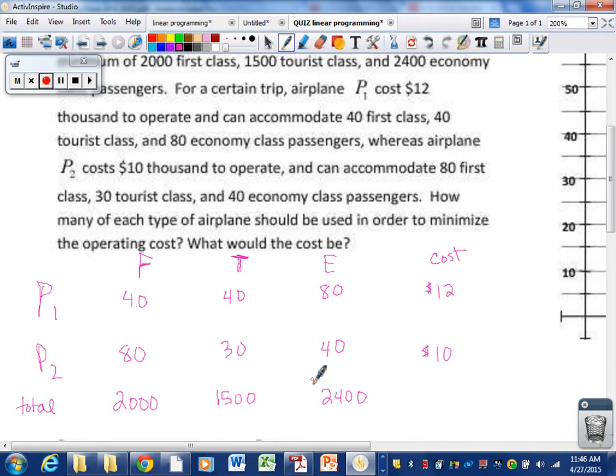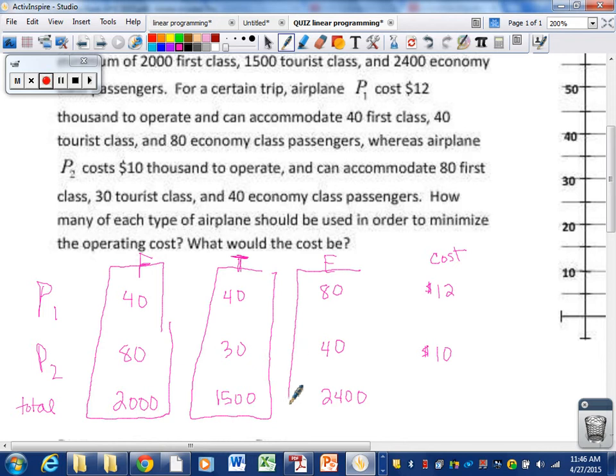Okay. So we're going to try to see where these three equations will cross. So you get an equation from first class passengers. There's one equation here. There's your second equation from tourist class passengers. And your third equation comes from your economy class of passengers.